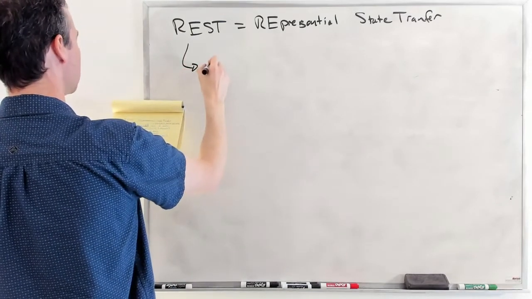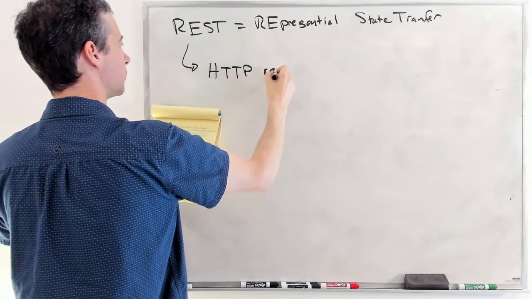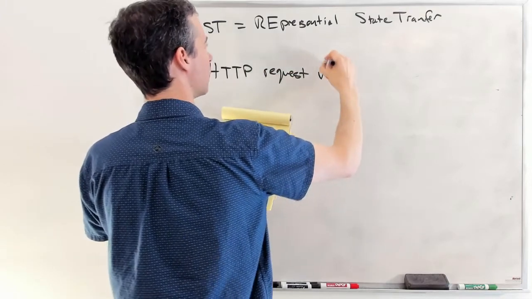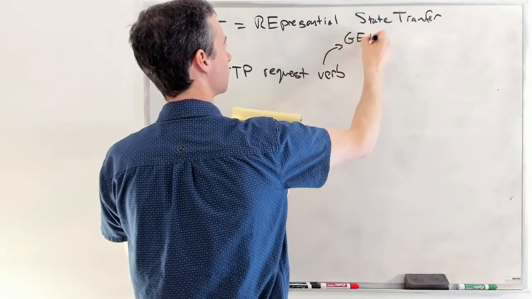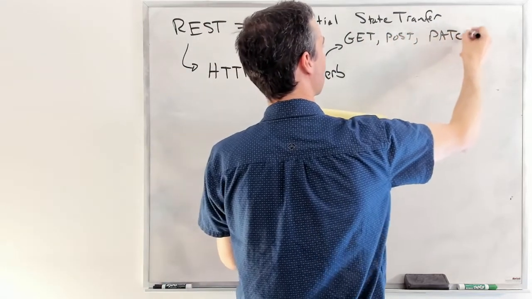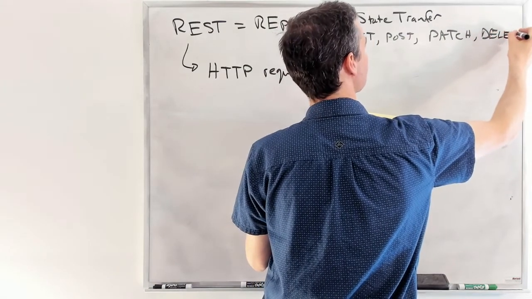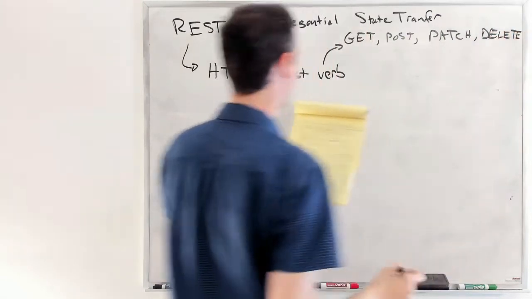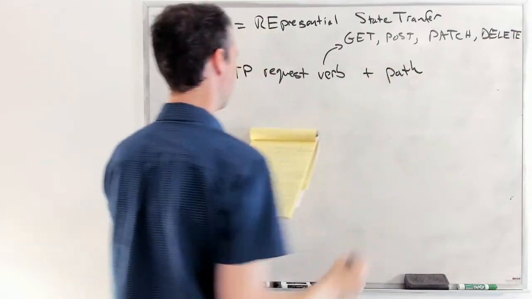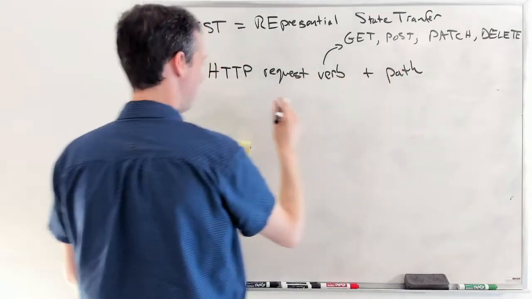So REST basically is, again, we have an HTTP request, and we call them verbs. So the verbs are, again, get, post, patch, and delete. All right, we have a verb plus a path. All right, the idea is we take the verb plus the path.